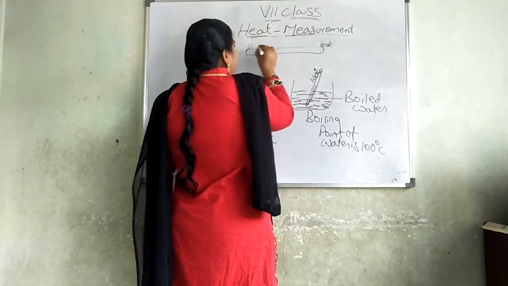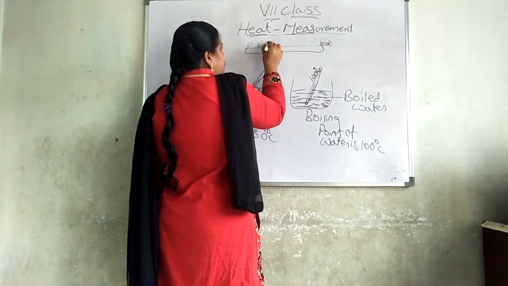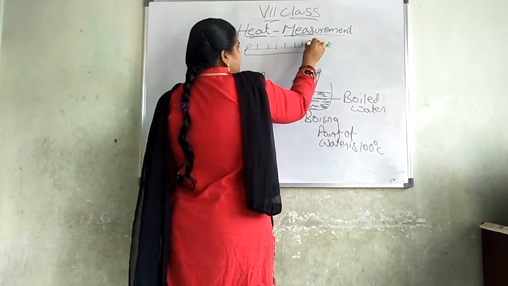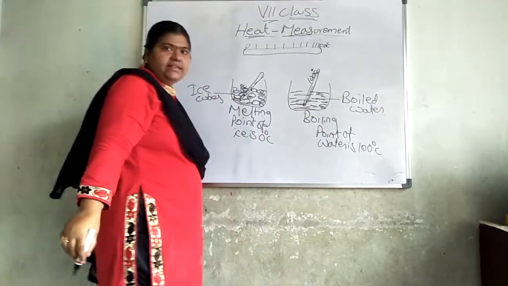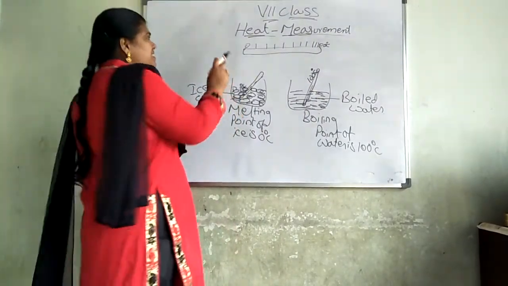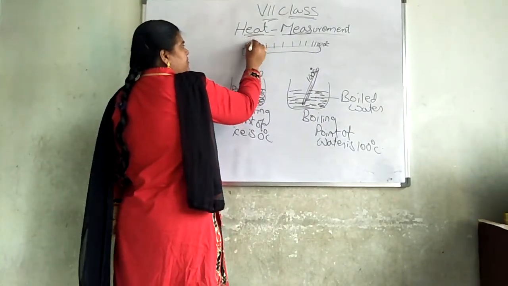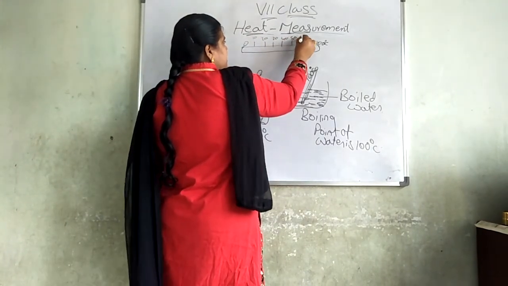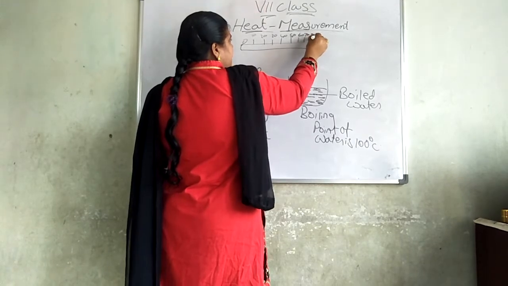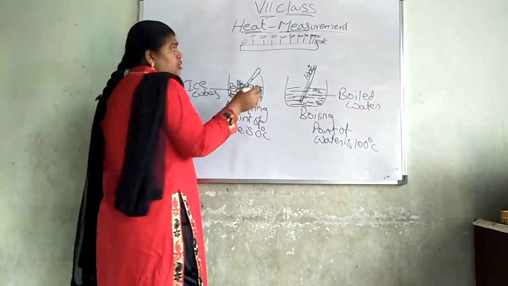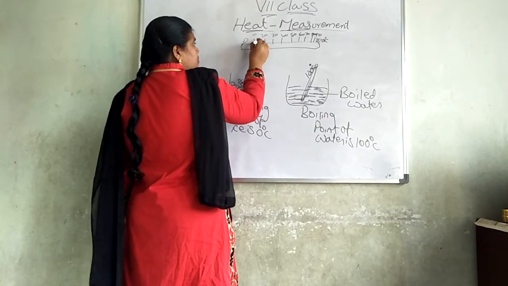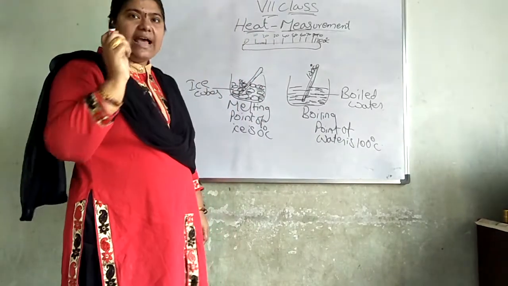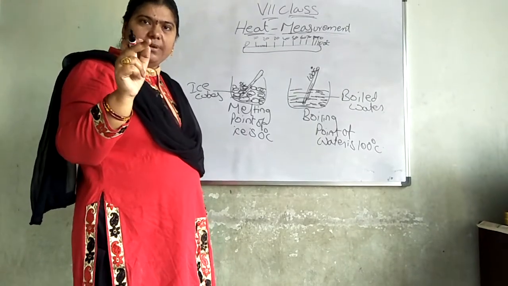From here you divide: 10, 20, 30, 40, 50, 60, 70, 80, 90, 100. In between each of these you will have 10 smaller divisions, like in our scale we have centimeters and millimeters.